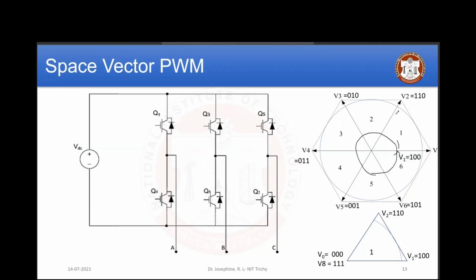Between 0 and 60 degrees, I'm going to say it is sector 1. Assume that I have identified the sector. At that time, only these two vectors along with V7 and V8 should operate. If it is sector 2, it has to operate between V2, V3, V7 and V8. It is not V0, it is V7.